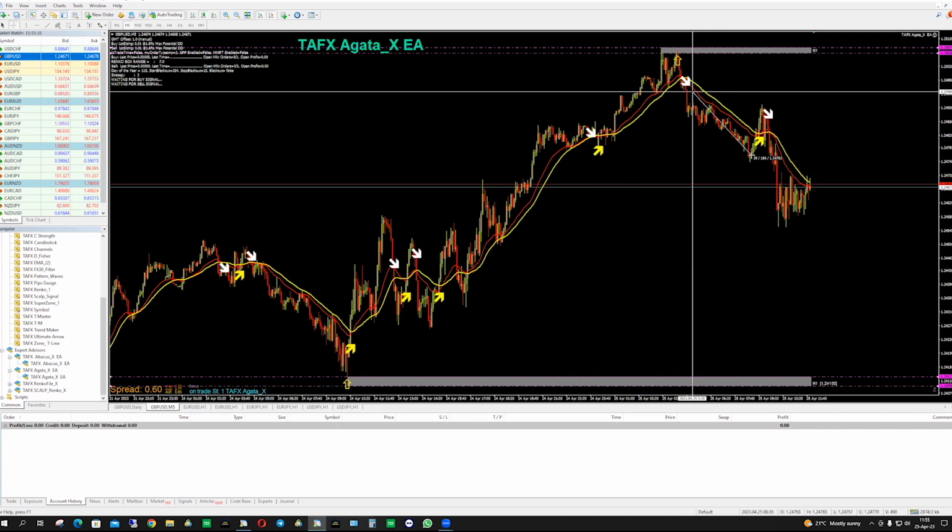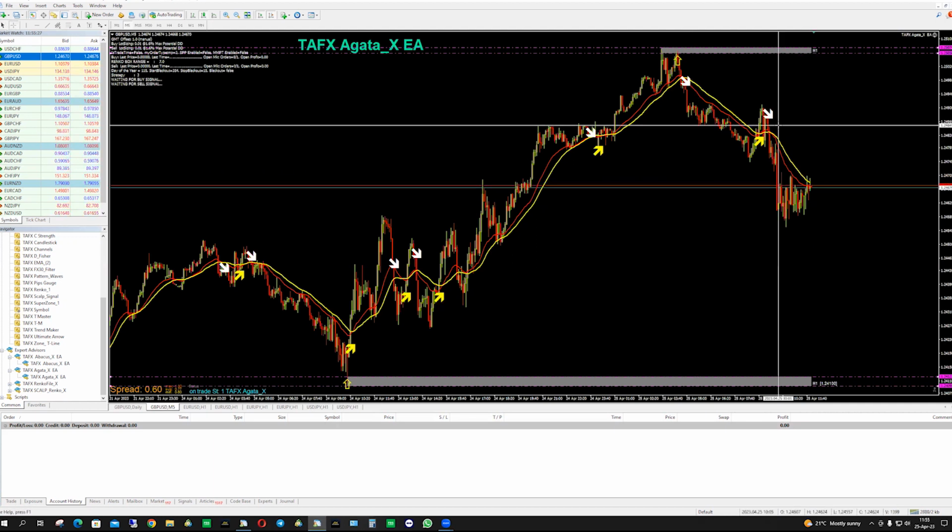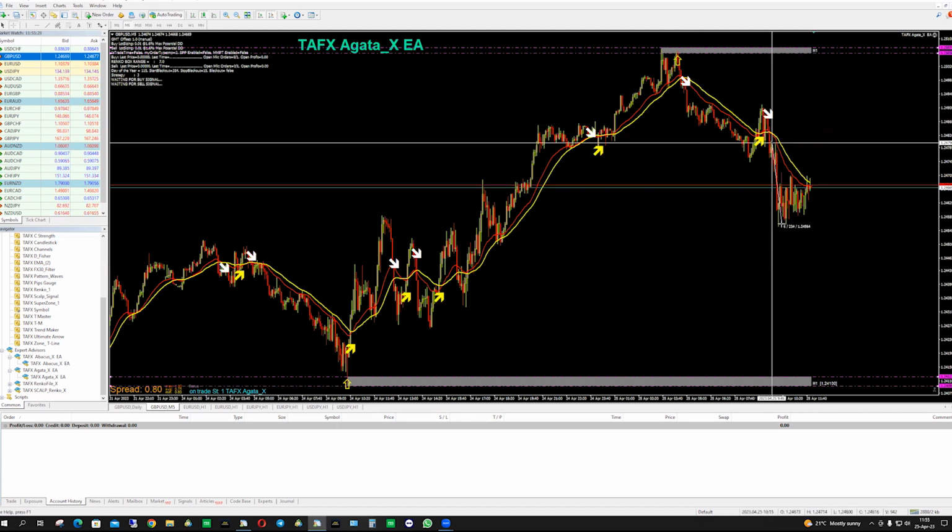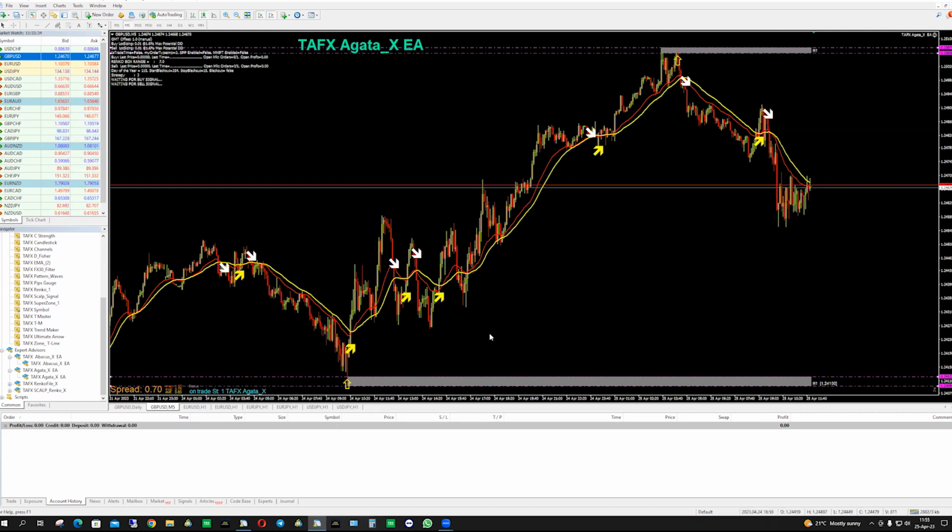You can get it from 18 pips, right? This is why a good scalp in minute 5, it is good to go for 10 pips. All right, 10 pips. The other one is here again, drop to this place, 10 pips, you are good to go. So when you are trading in minute 5, it is good to target only 5 to 10 pips because it is a hit and run strategy.